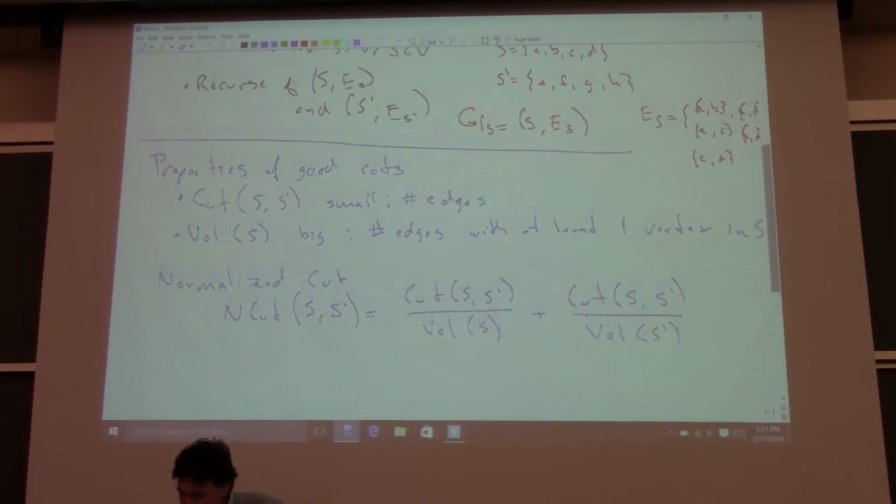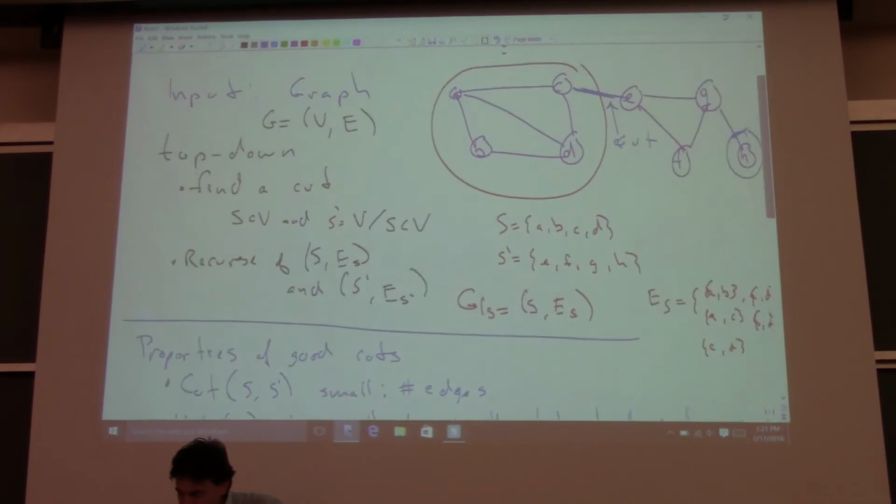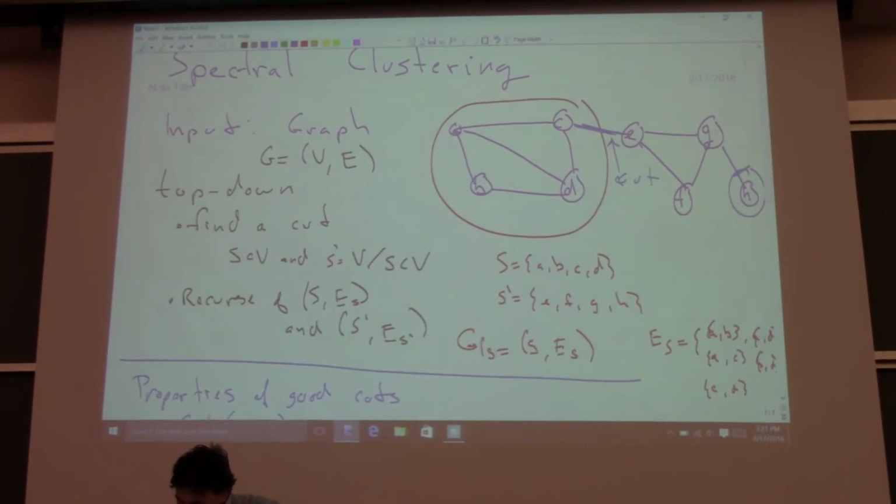Okay, so let's look at these examples up here. We'll call this T, and the other part T prime, and we'll call this one S. So let's calculate the normalized cut score for both of these subsets. What is the normalized cut score for S and S prime?